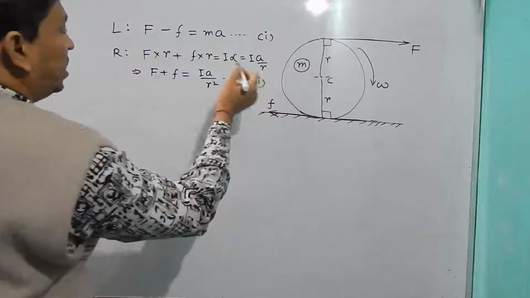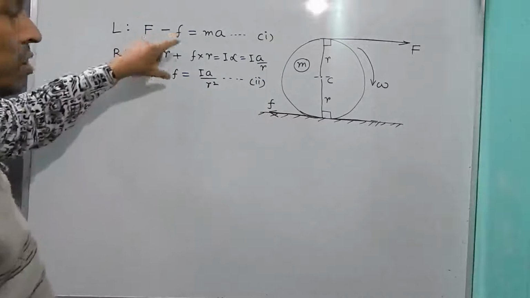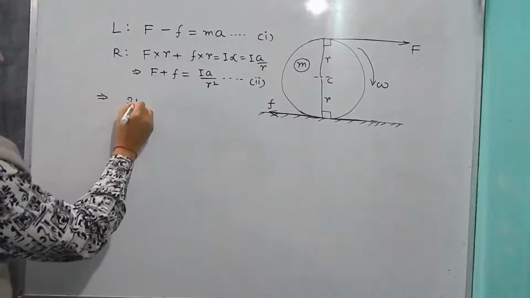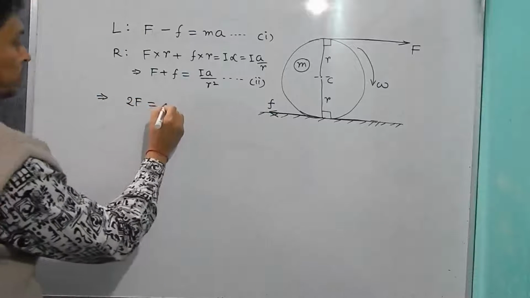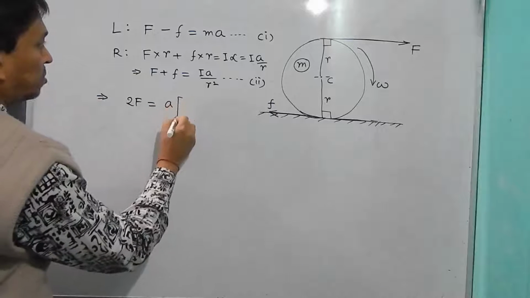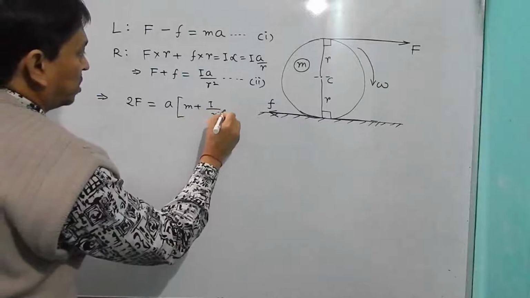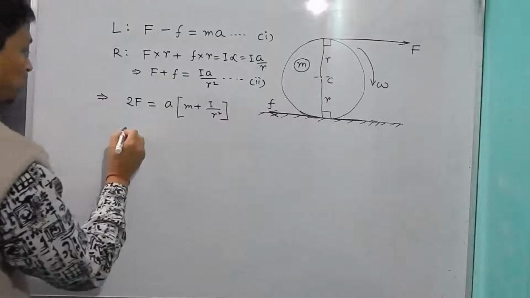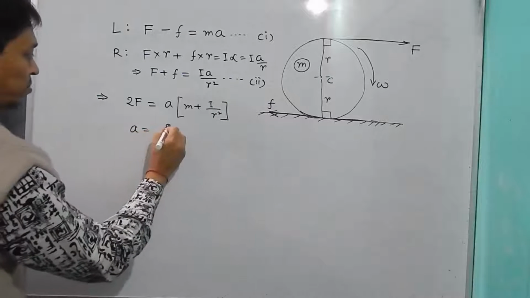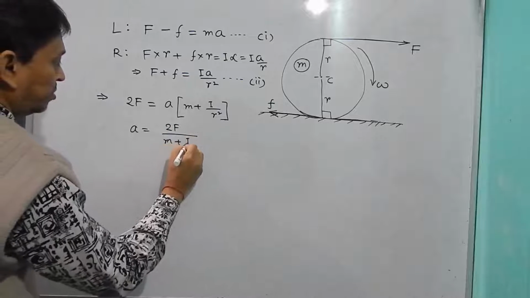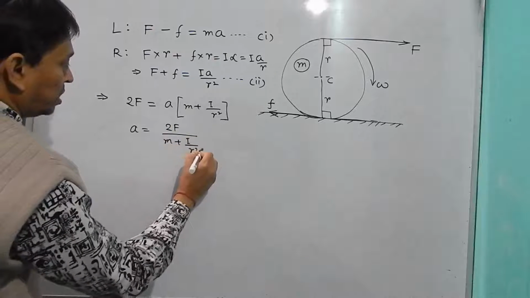Now again, if we add 1 and 2, then this small f part will be cancelled. So ultimately you will get twice F, and that is equal to, if we take common a, a times m plus I by R square. So the acceleration will be equal to twice F by m plus I by R square.